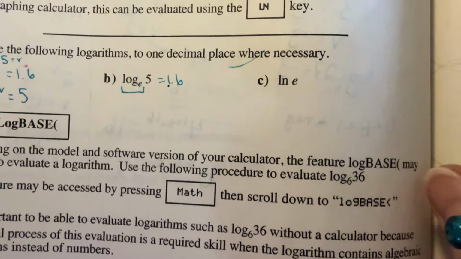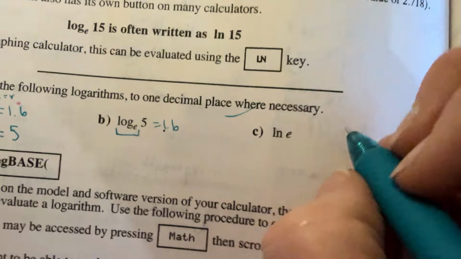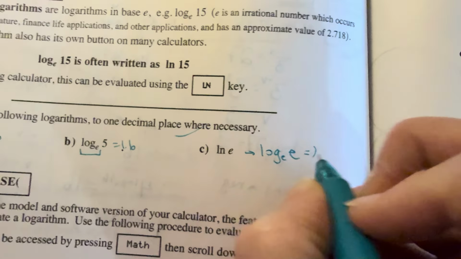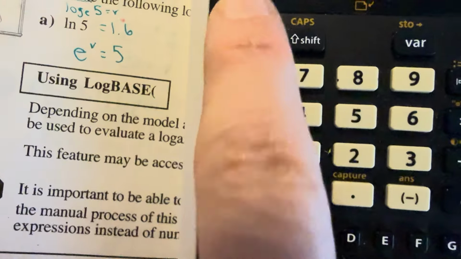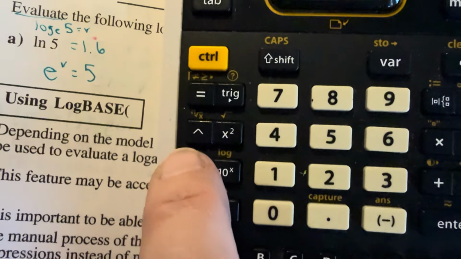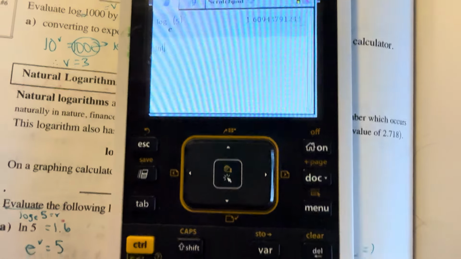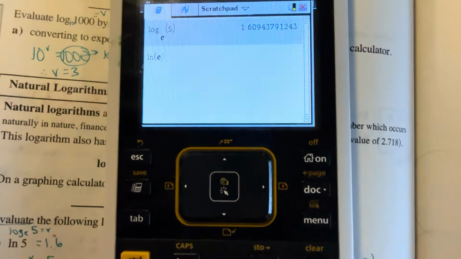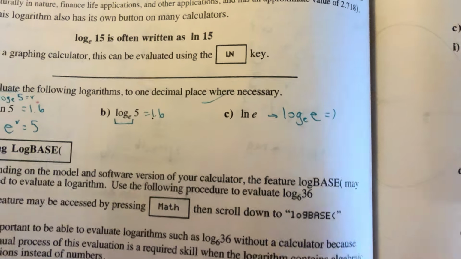And then if we just do ln e, that should be equal to 1, right? Because this is the same as saying log base e of e, which we know is equal to 1, but let's just go ahead and do it. There's the ln button. So control ln, then go over to the book and go over to e, enter, enter, there's our 1.